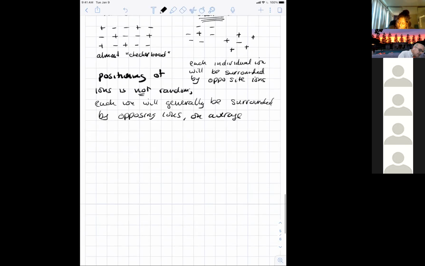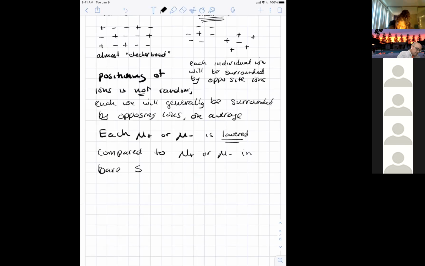So what happens is each chemical potential for an ion is lowered. It's lower than you think it is. It's lowered compared to the chemical potential of the ion in a bare solvent.